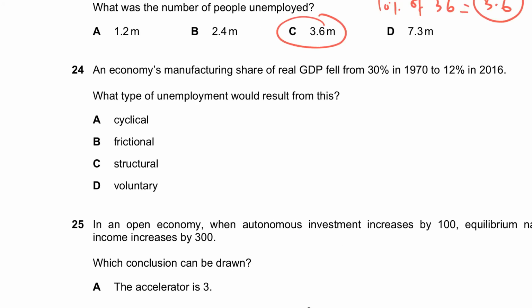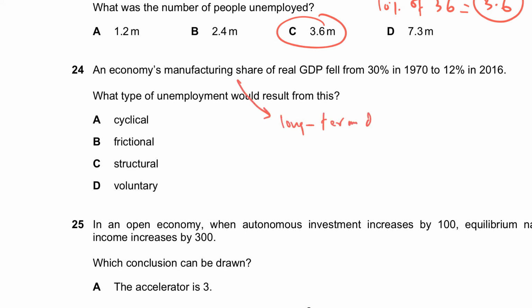In question number 24, they say economy's manufacturing share of real GDP fell from 30% in 1970 to 12% in 2016. What type of unemployment would result from this? Well, if there is a shift of production from, let's say, manufacturing, or shift of, let's say, percentage of GDP from manufacturing to services sector, it means that the manufacturing sector is declining, and this is what we call a long-term decline rather than a short-term decline.